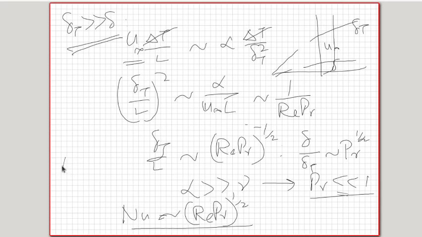So for Prandtl number less than and of the order of 1, we have this result, and for Prandtl number much greater than 1, we would have Nusselt number of the order of Re to the power of half Prandtl to the power of 1 by 3. Okay, so these are the results that we looked at in the last class.